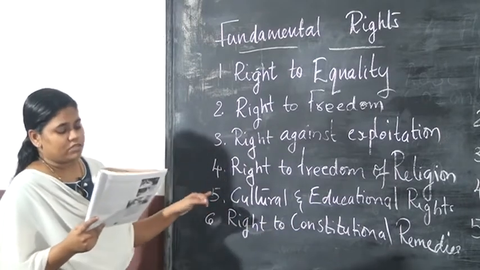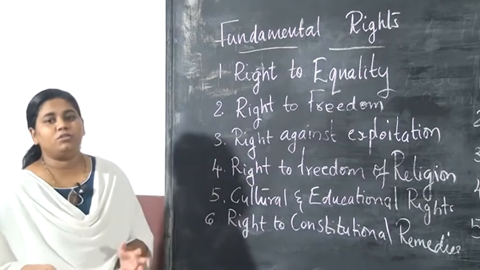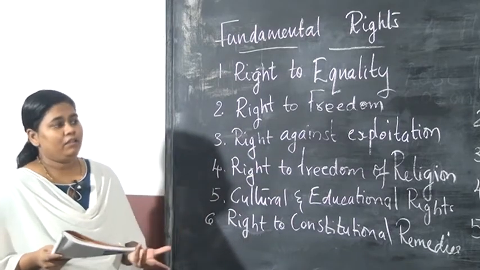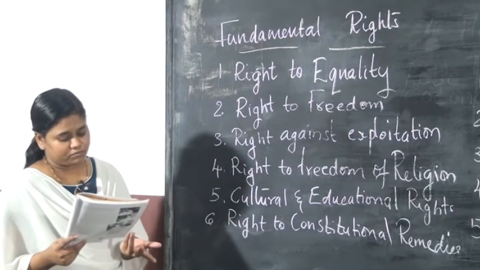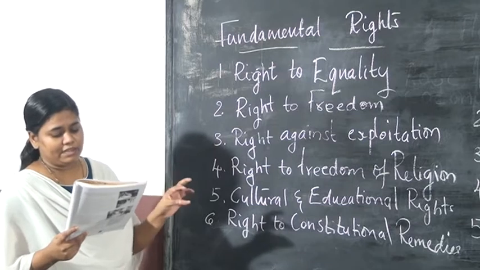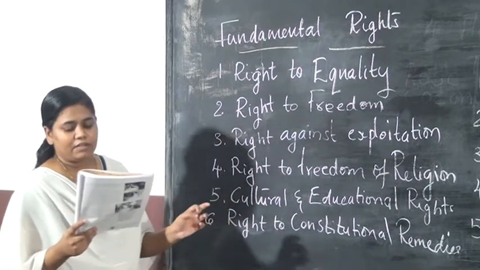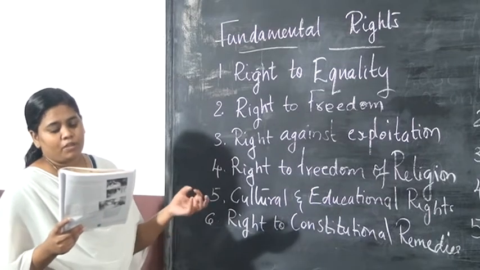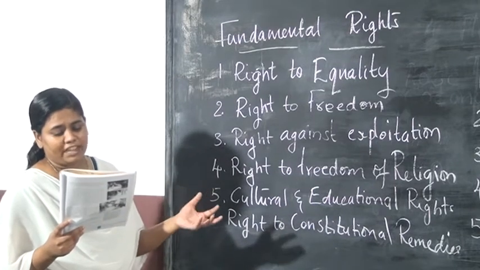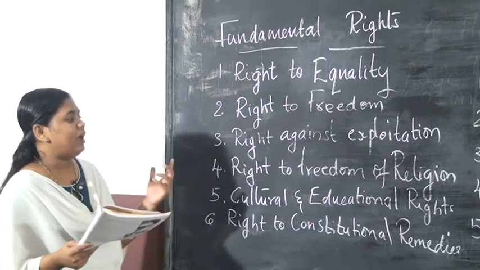The next one was the right to freedom of religion. We have the right to believe in any religion. Religious freedom is provided to all citizens. Every person has the right to practice, profess and propagate the religion of their choice. Whatever religion you like, you have the right to believe in it.